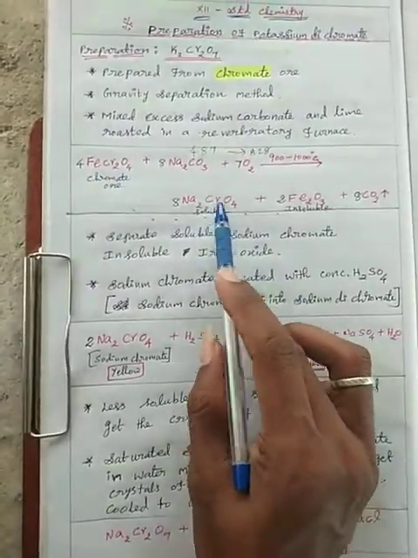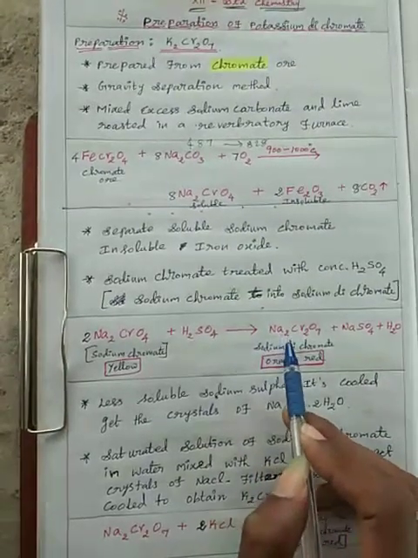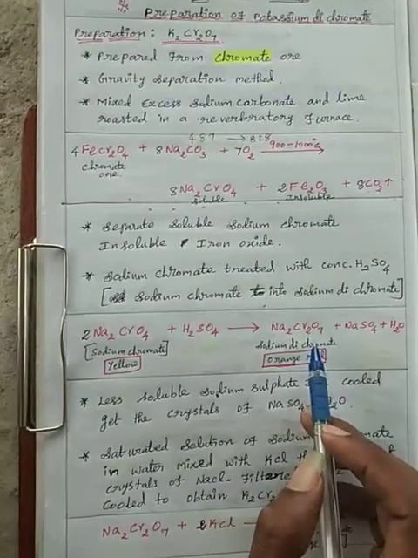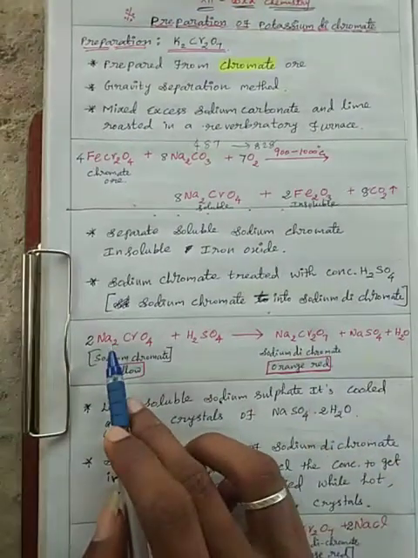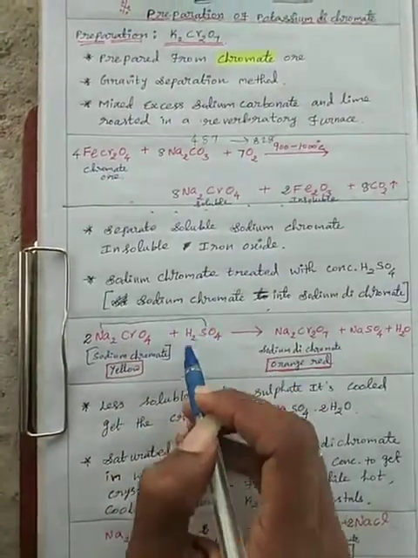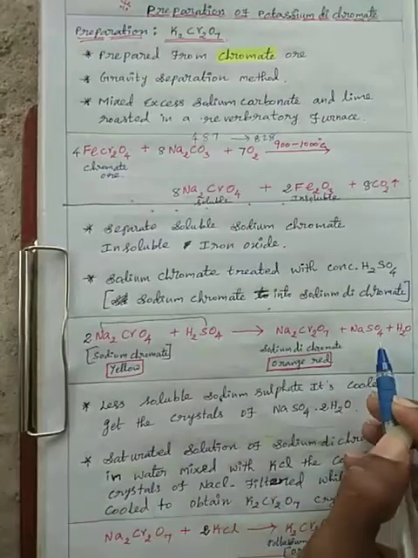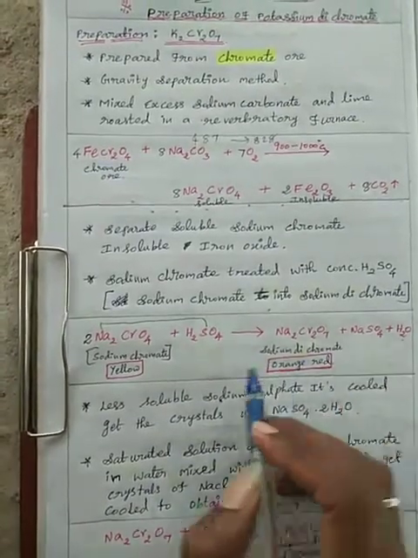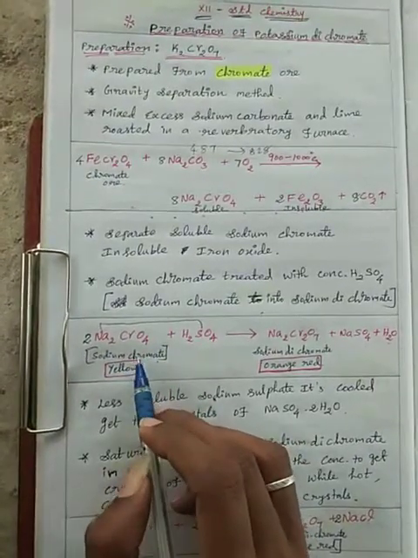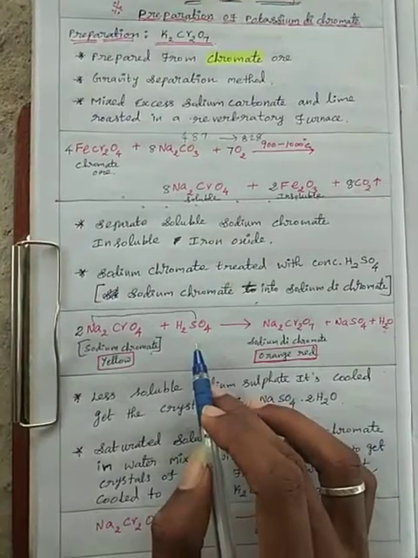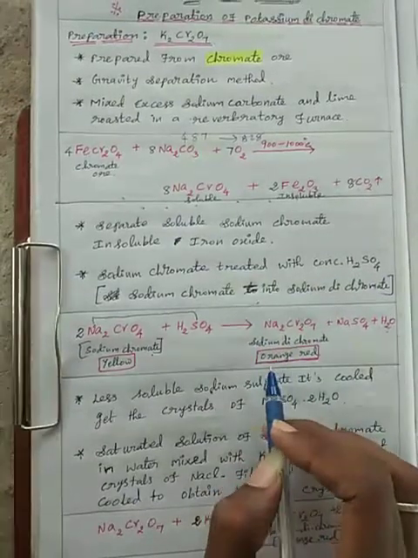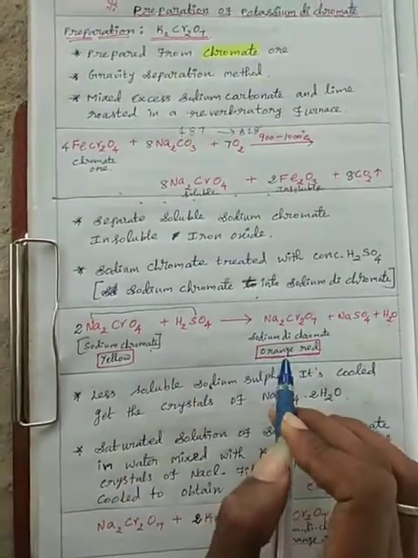Here the chromate becomes dichromate, two times, okay? Next the products are sodium sulfate plus water molecules. Sodium chromate is yellow in color, and when treated with sulfuric acid it gives sodium dichromate, which is orange red, changing from yellow to orange red.